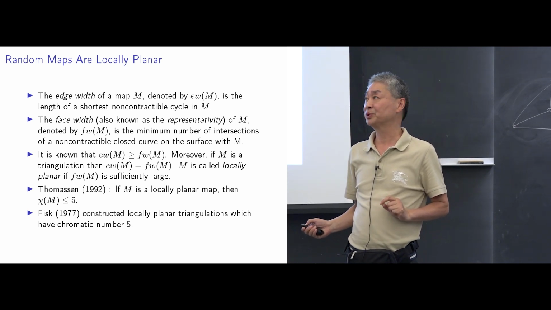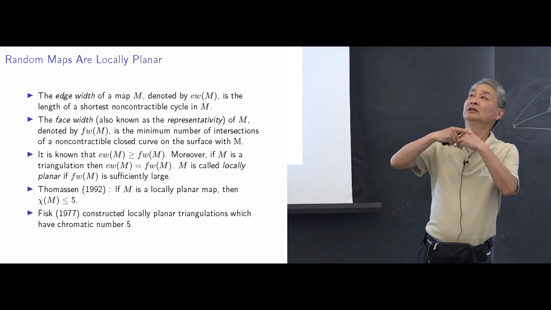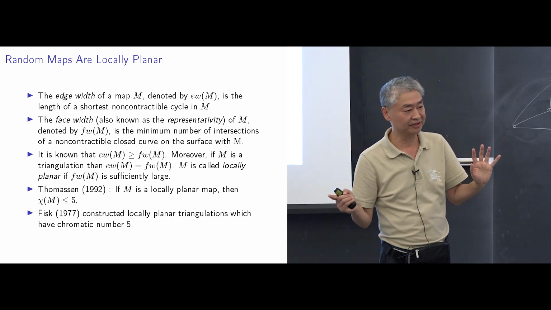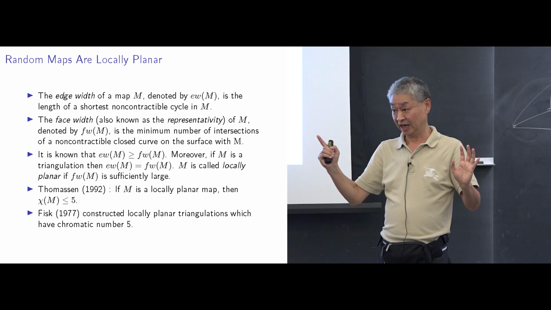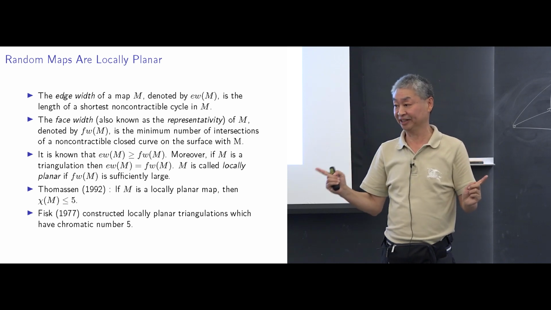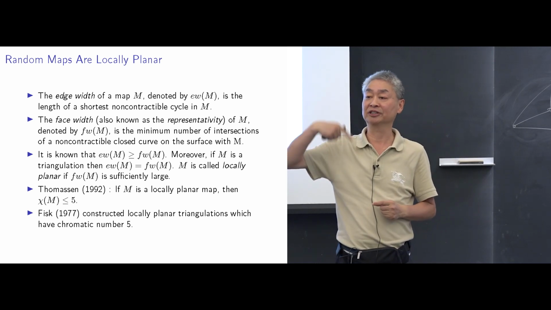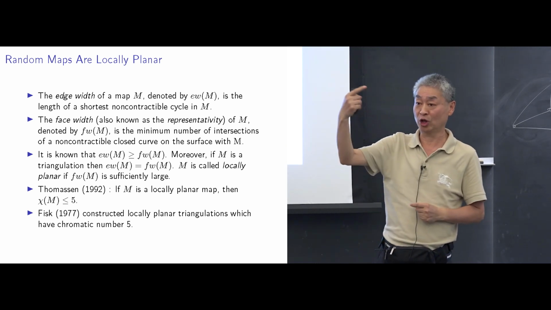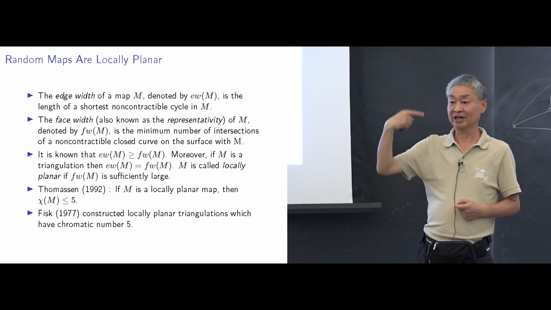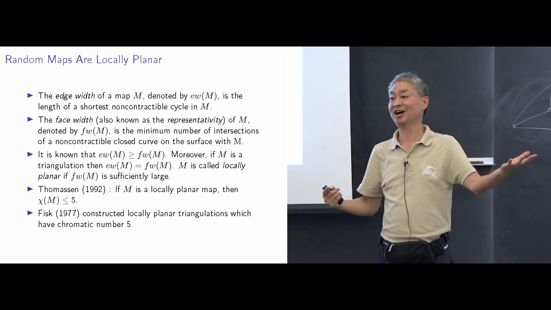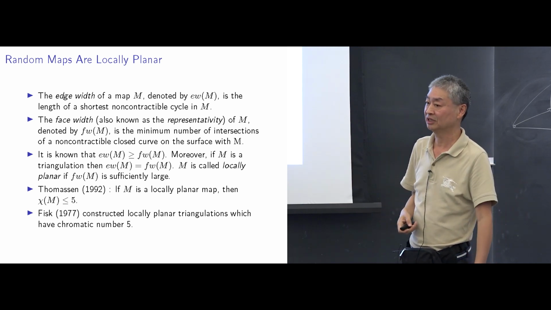So Thomason proved that on any given surface, it doesn't matter if it's orientable or not, if the map is locally planar, what do we mean by locally planar? It simply means it does not contain short non-contractible cycles. All non-contractible cycles have to be long enough, bigger than a constant depending only on the genus.